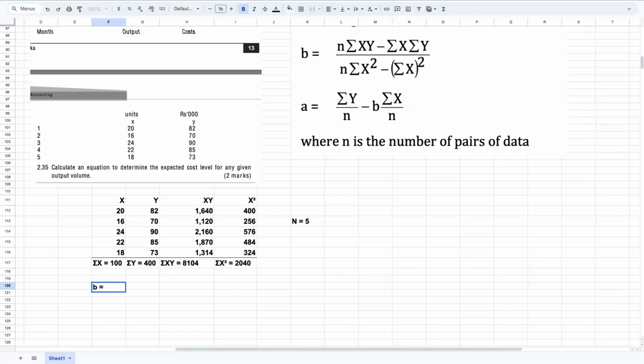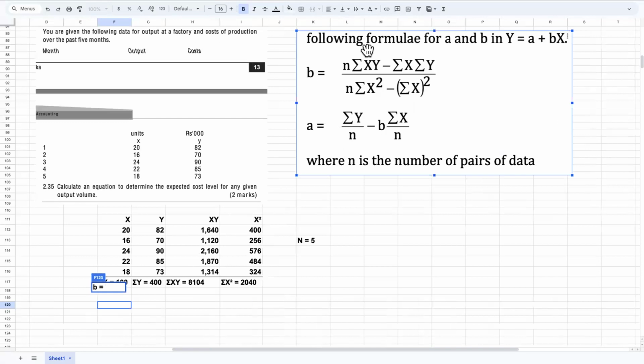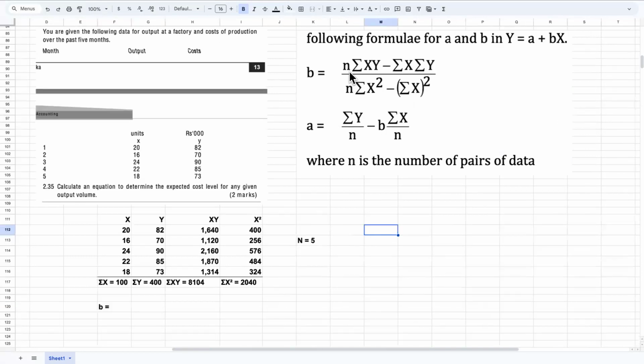Right. So the B formula: n, the number of data pairs, times sigma xy. I'll put brackets and take away another bracket. So in the first bracket, n is going to be 5.